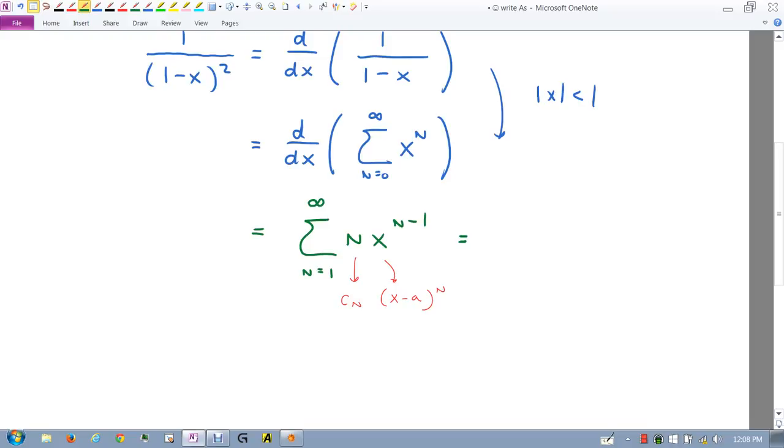If n is 1, what do you get? 1. If n is 2, what do you get? 2x. n is 3, 3x squared plus, next one would be 4x cubed, 5x to the 4th. Keep going. As long as what? Absolute value of x was less than 1, this is good.